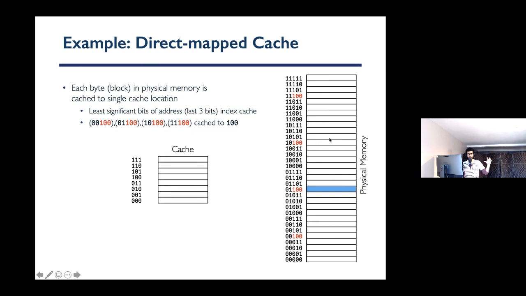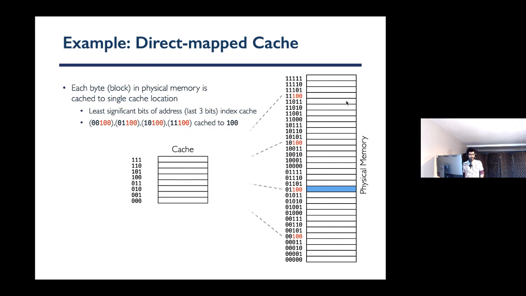If you have 8 blocks and 32 bytes, and each byte has to go to one set, it means that you can just use the first 3 bits, basically, of your address to find that. So you have 32 and you have 8. Every 4 bytes go to one particular set.